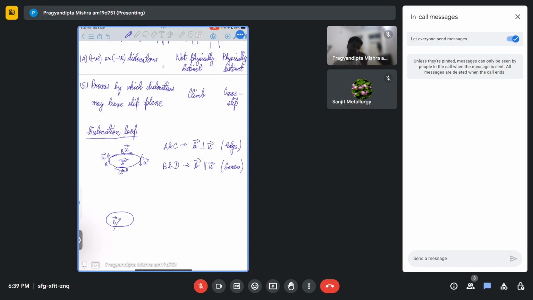So at every point on the dislocation line, I will see edge characteristics, because my Burgers vector is always perpendicular to the dislocation line at every point. So I'll just see edge everywhere.